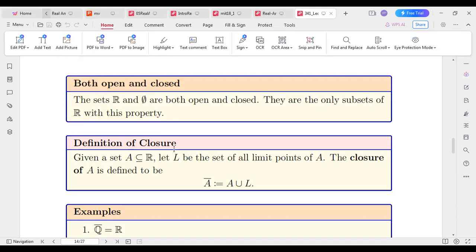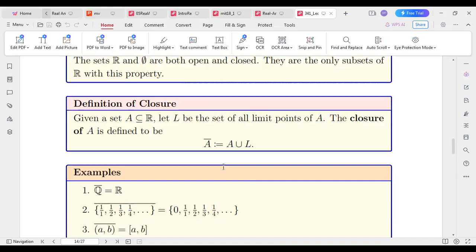Definition of a closure. What is the closure of a set? Given a set A, which is a subset of the real numbers, let L be the set of all limit points of A. The closure of A is defined as A union L. For example, the closure of the rational numbers will be the real numbers.